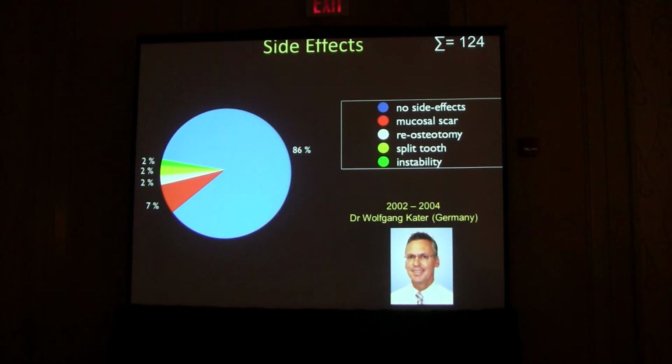What are the side effects? In a study from 2002 to 2004, and on 124 cases, Wolfgang Kater, a German surgeon, found 7% mucosal scars, 2% reosteotomy, 2% split tooth, and 2% instability.